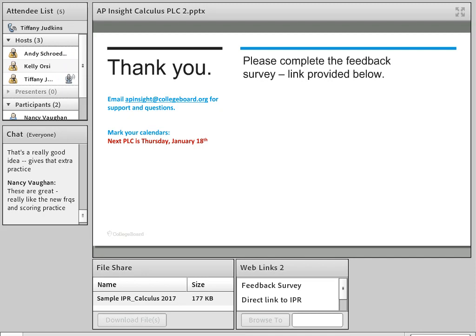Yeah, and the modules unpack what we call the typical misunderstandings. It's what the readers see every year as the reasons students don't earn some of those points. One example is that there's a point associated with establishing that the conditions have been met to even apply a theorem, right?